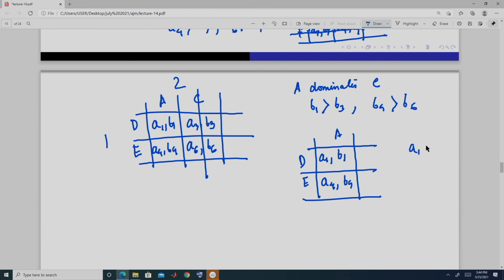And suppose A1 is greater than A4, so this D dominates E, so we are left with this.